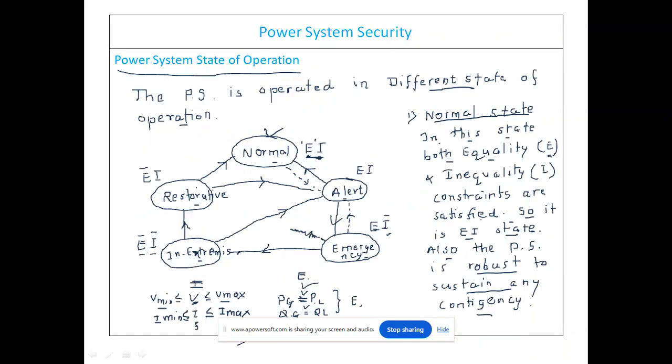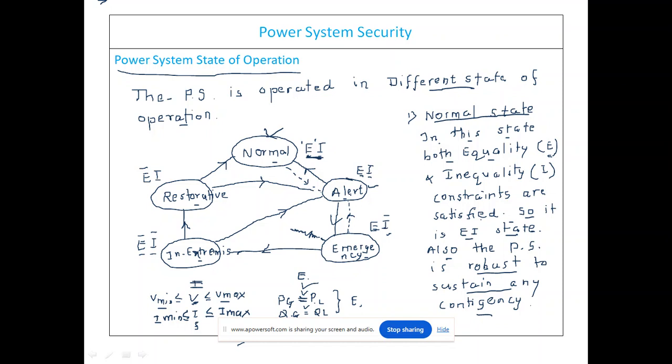Okay, and if corrective actions are taken, then the power system can switch back to the normal state. So we can understand it from here. This is the alert state here. In the alert state, E and I both are satisfied, equality and inequality constraints are satisfied, but it is not as robust as in the normal state.